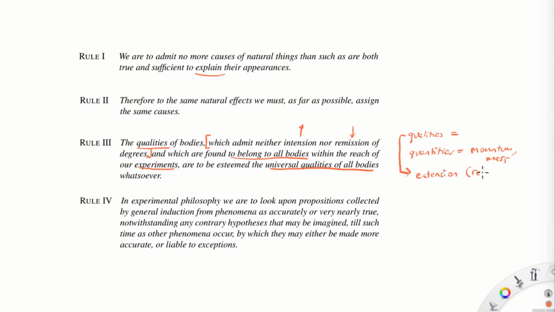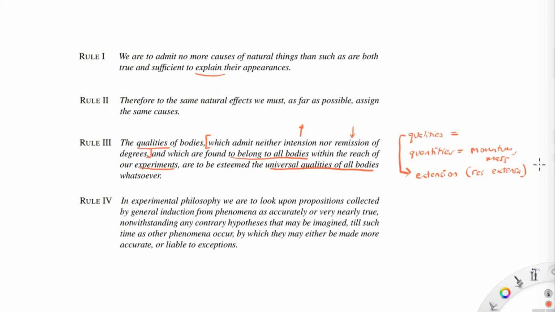So you might think this is what Descartes called res extensa. The fact that objects are extended objects, they have size. So although a ruler could be either 1 meter long or 1 foot long or 1 yard long, the particular length of it might differ. Nonetheless, the very fact that it has extension, it is an extended body, is a quality of all bodies that we're aware of.